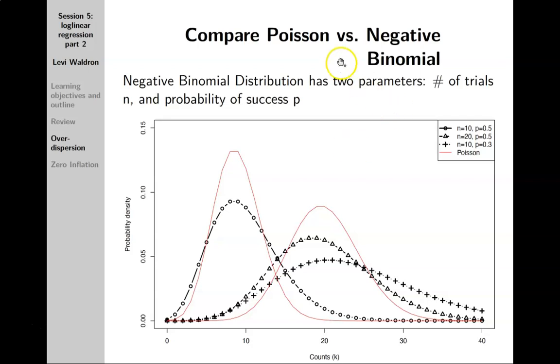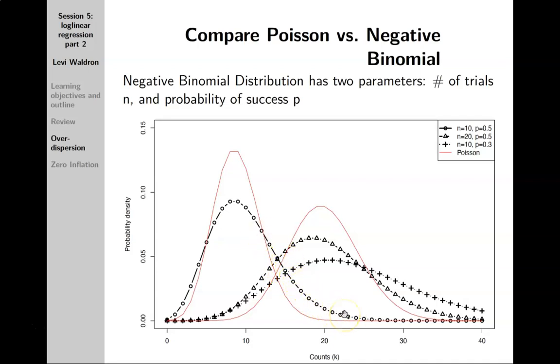And comparing it to the Poisson distribution, I fiddled around a little bit to try to get some distributions that have more or less the same middle. So here are two different Poisson distributions overlaid on top of those same negative binomial distributions, just to show that for the same center part of the distribution, the negative binomial distributions have more skew, they have more dispersion.